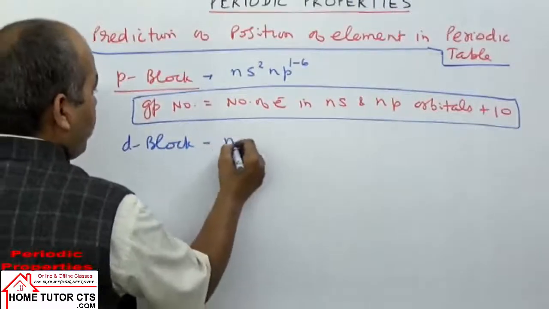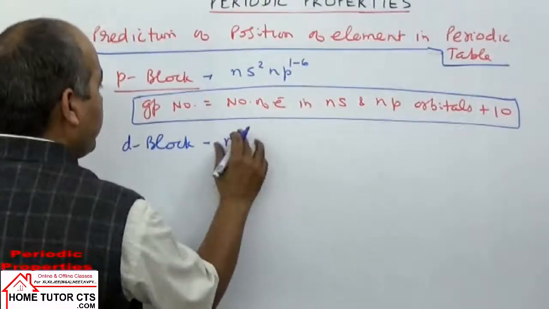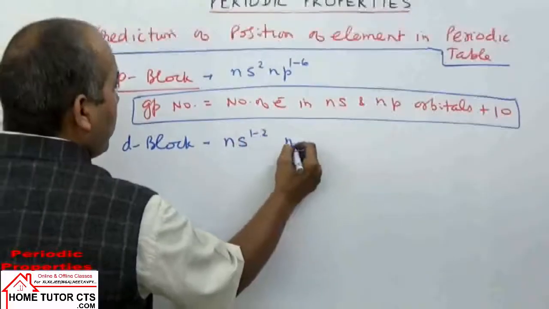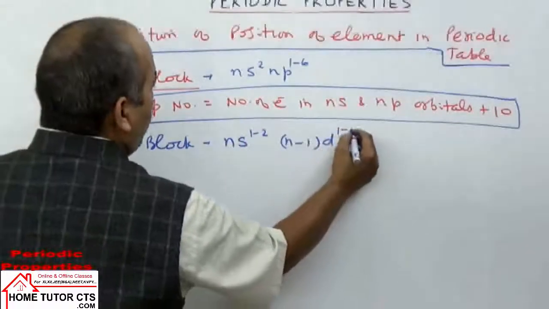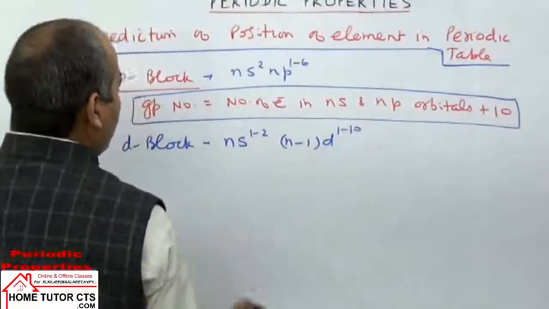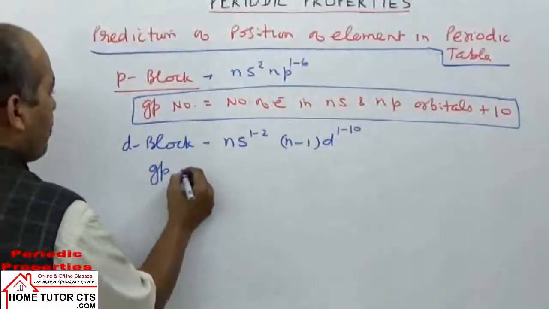And then for d block elements, they have the outermost configuration (n-1)d 1 to 10, ns 1 to 2. So for d block elements, what is the group number?